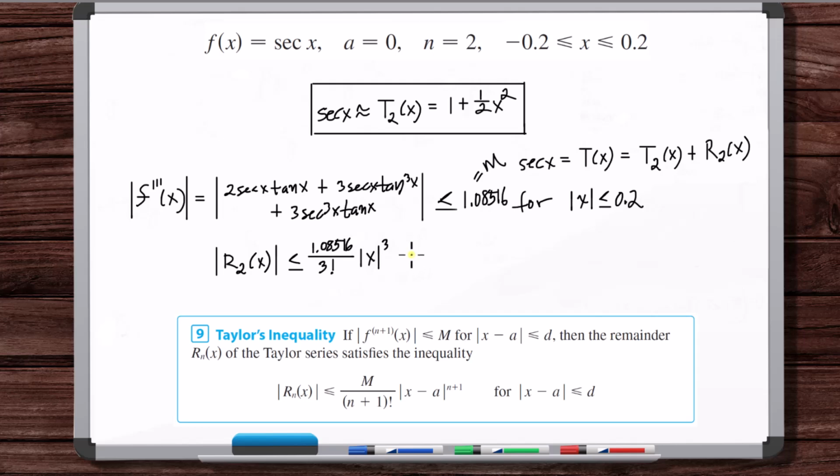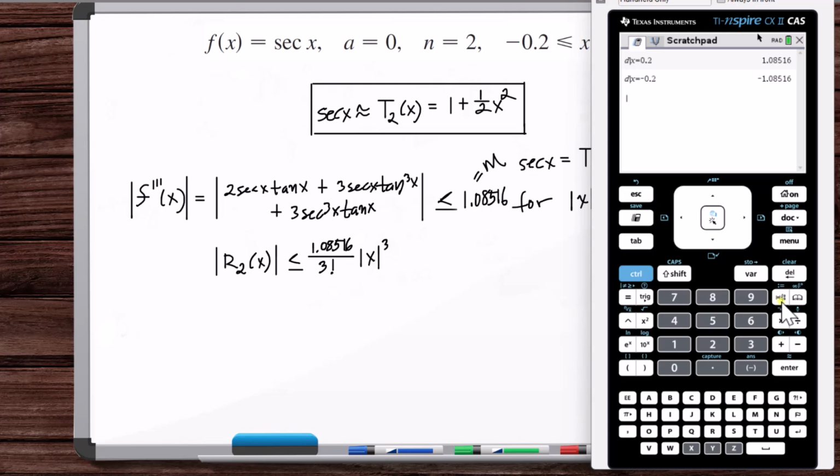Let me do this first. Okay, well, so there it is. 3 factorial is 6, so this divided by 6, 0.18086.